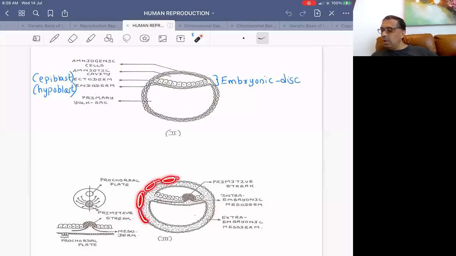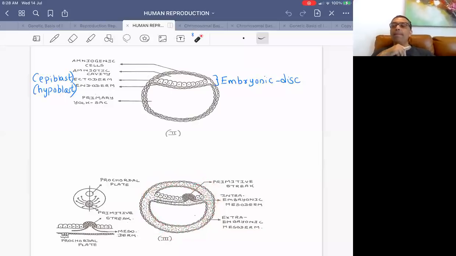Trophoblast cells undergo cell division to form a collection of cells called mesoderm. But this mesoderm is not from the embryoblast, it is from the trophoblast. So it is the extra-embryonic mesoderm.